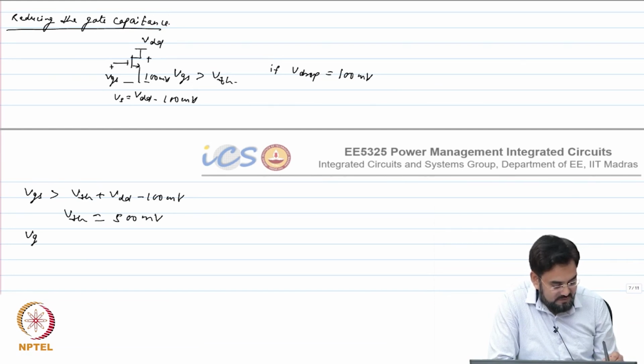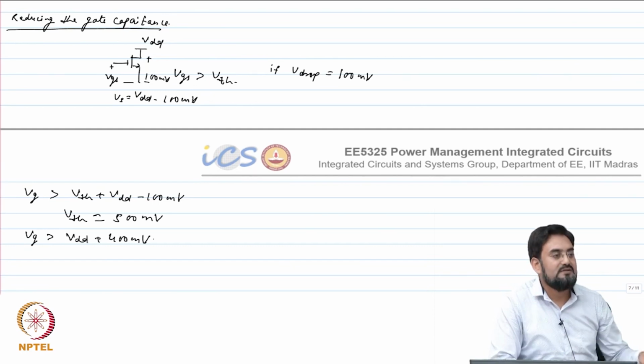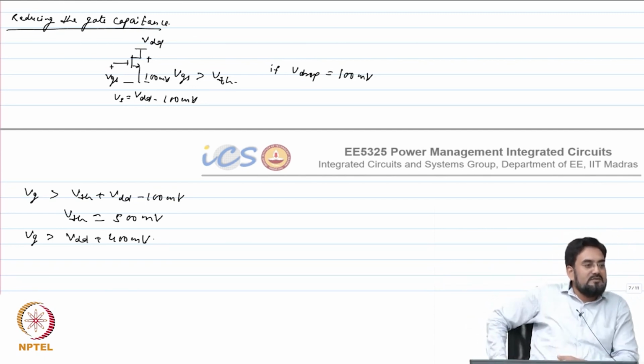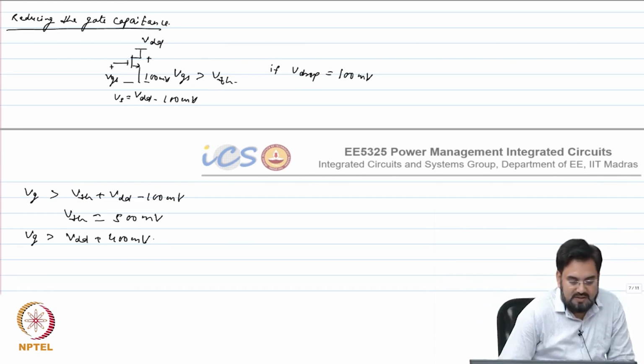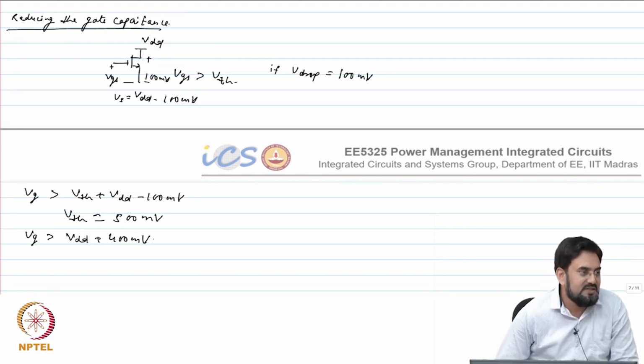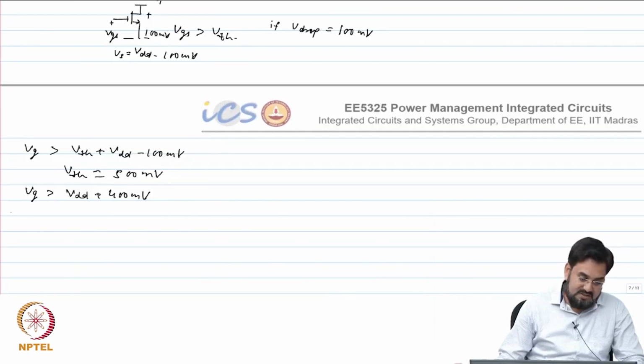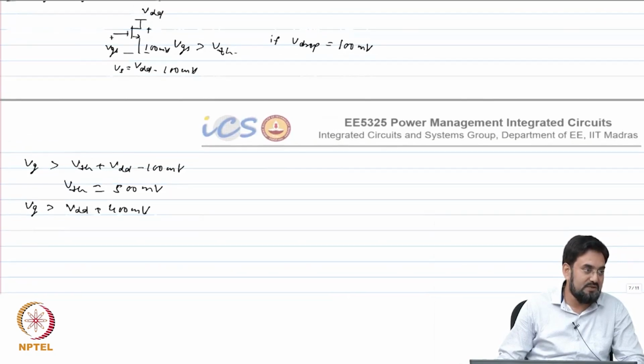So VG required is greater than VDD plus 400 millivolt. That will not work with lower dropout. So your dropout should be more than your threshold voltage, otherwise it will not work. So which means you require to boost the gate voltage.